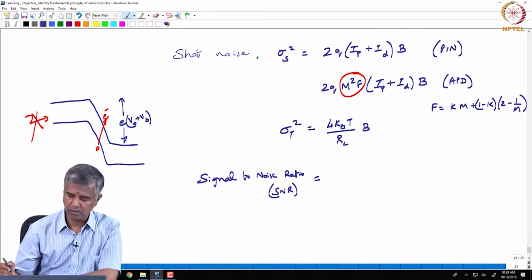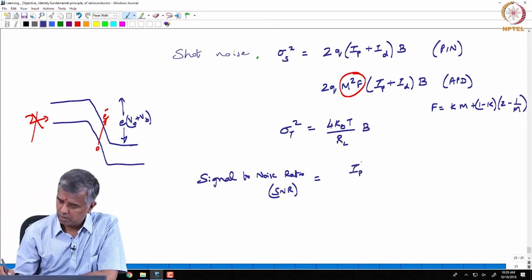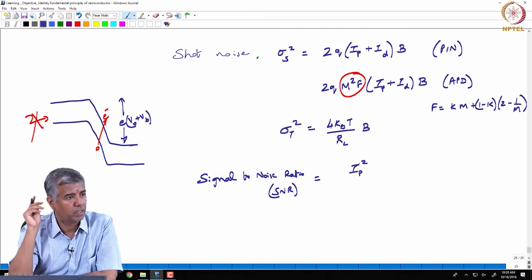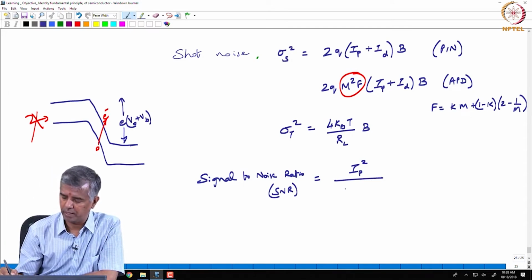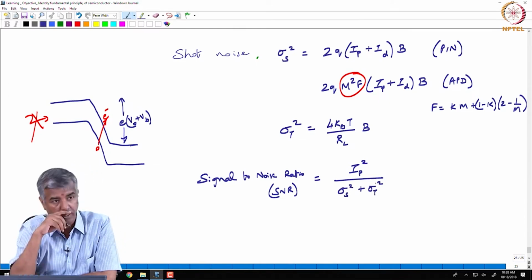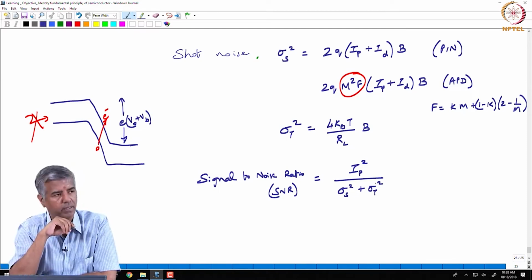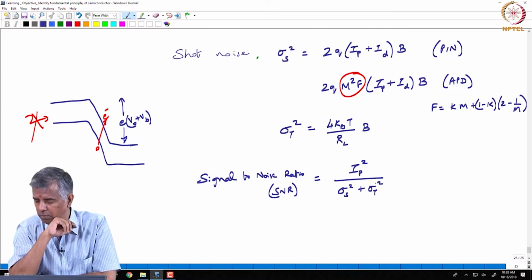The signal power is going to be given by this I_P square, and your noise power now has two components, sigma_s square plus sigma_t square. That is the shot noise variance and then the thermal noise variance.